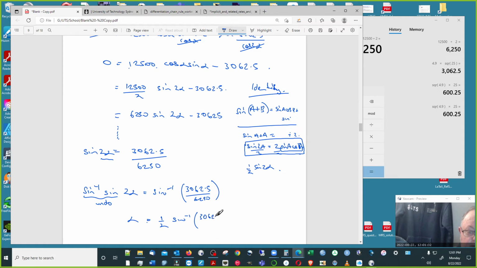I'll let you work that out. Okay, so I think that one will give you alpha, and then t is just using that cos in one of the other equations. So I'll let you work t out. Does that help?